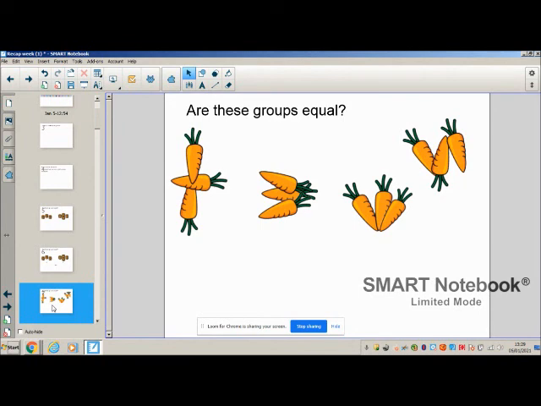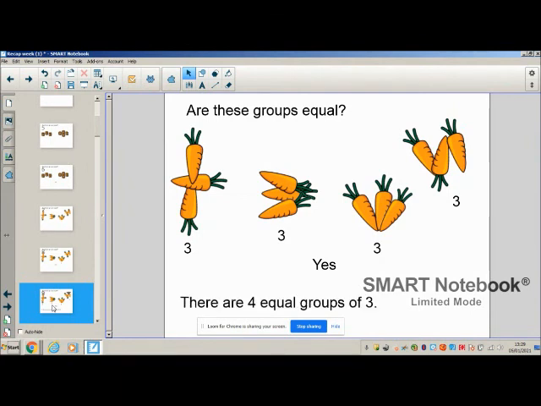They have the same number of carrots in each group because I had to count to 3 each time. If I was going to write that in a sentence, I would write, there are 4 equal groups of 3. 4 is how many groups I have, and 3 is how many are in each group.